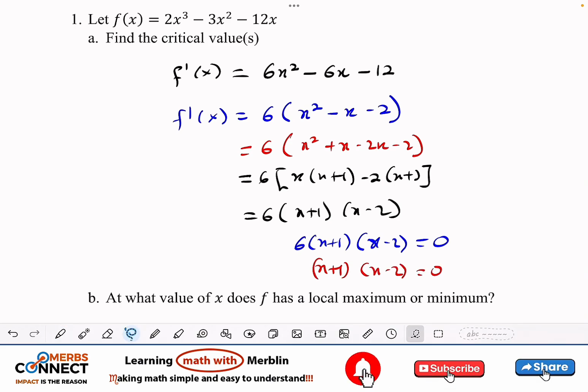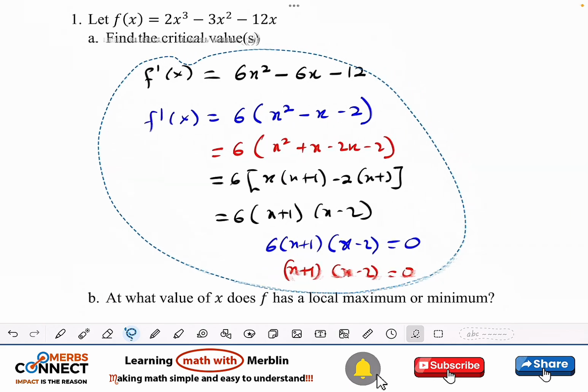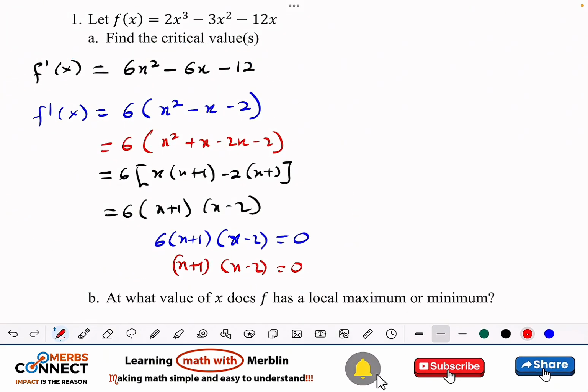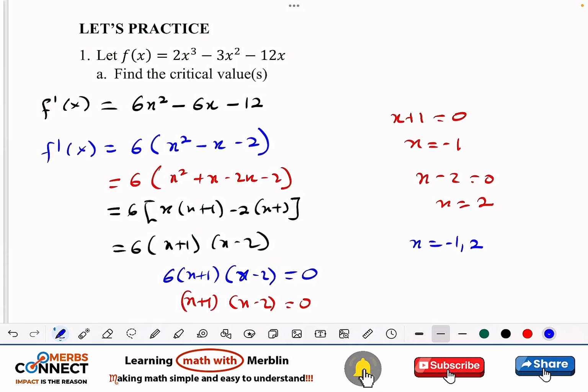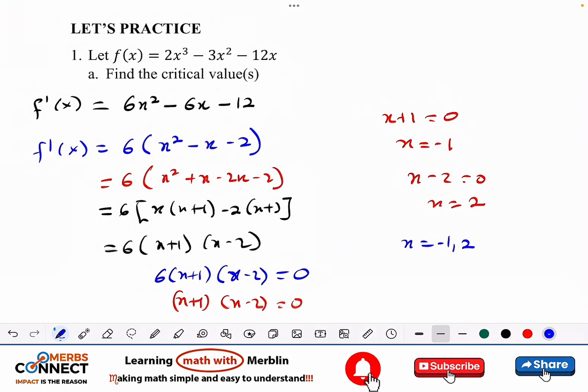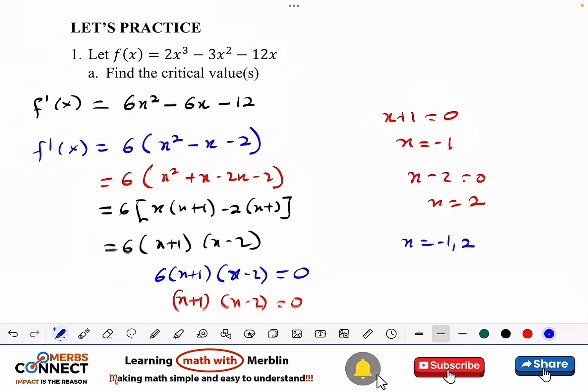From here, we can just find x. We pick x plus 1 is equal to 0, then x is equal to minus 1, and x minus 2 is equal to 0, so x is equal to 2. So here the critical numbers, or the critical values, are x equal to minus 1 and 2. This is how you find the critical values: find the first derivative, set it to 0, and then look for the x values that are going to make sure that the function is equal to 0.